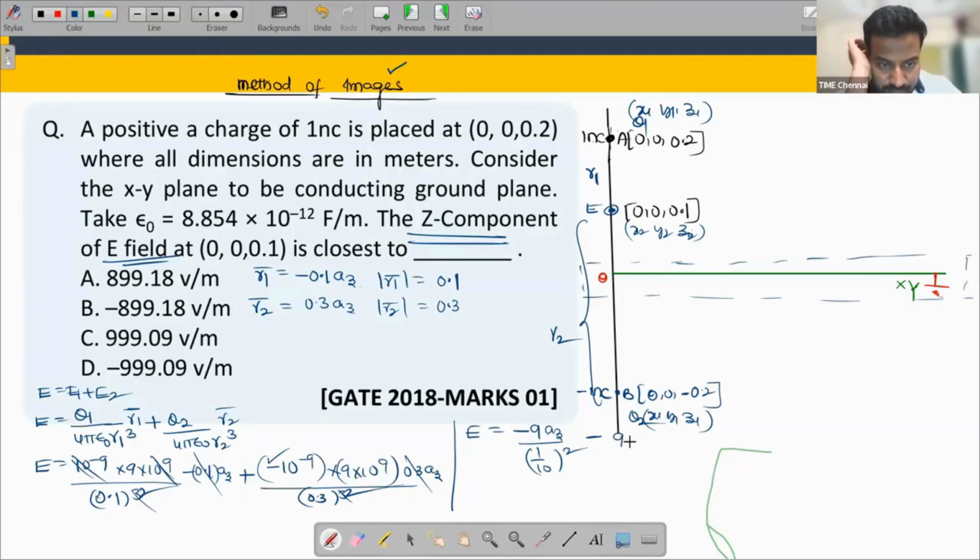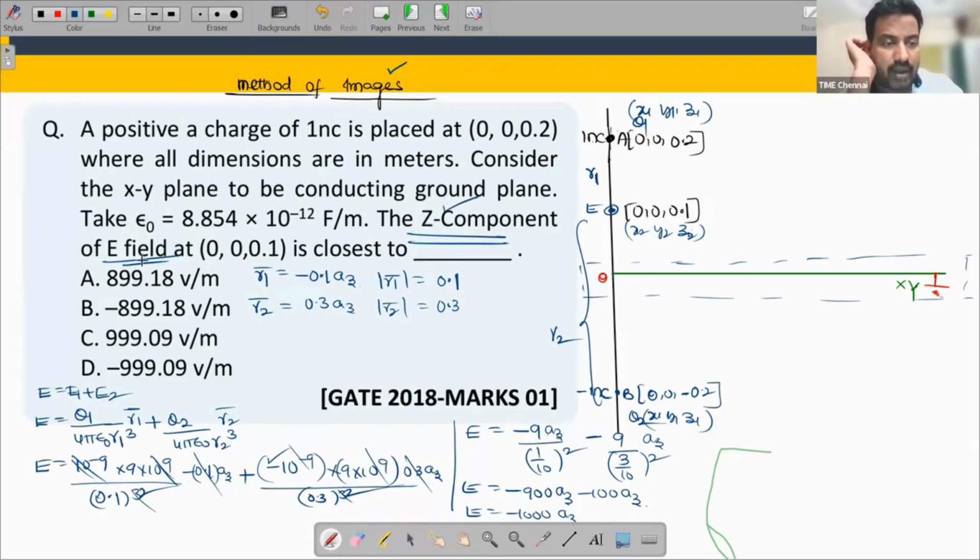Minus 9 by 3 by 10 whole square of AZ is minus 900 AZ minus 100 AZ, which is minus 1000 AZ.